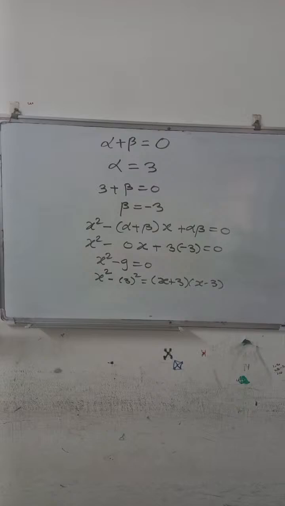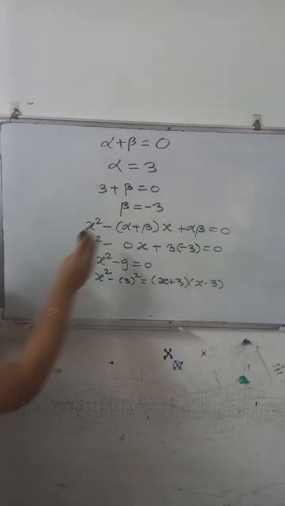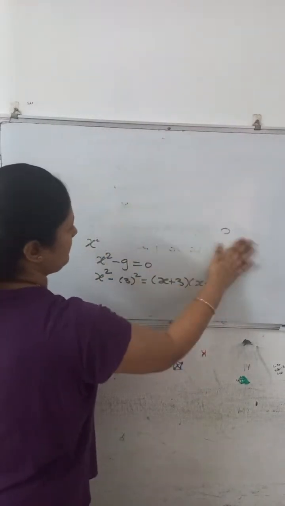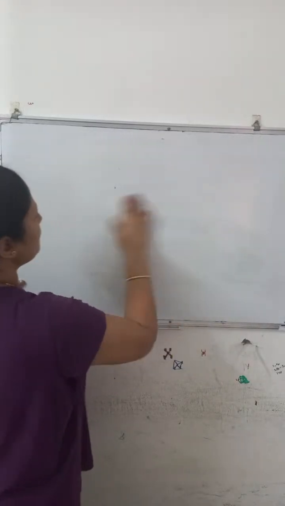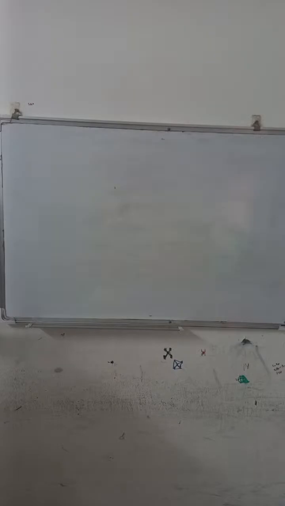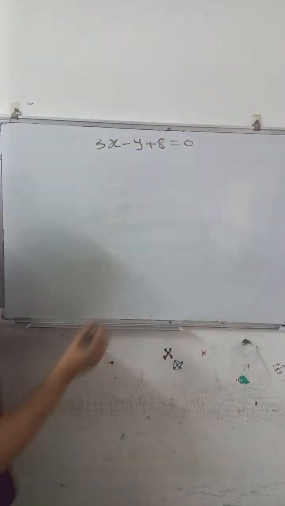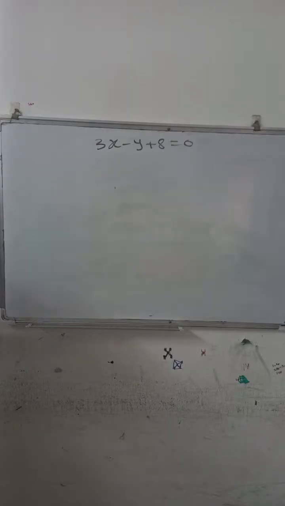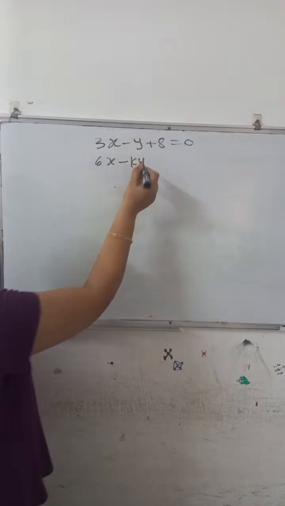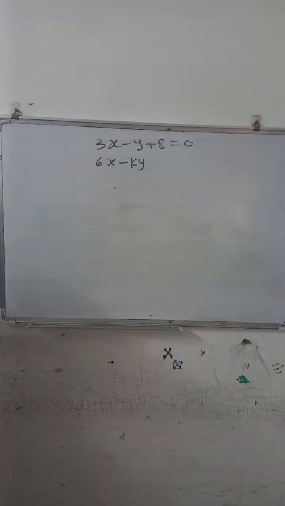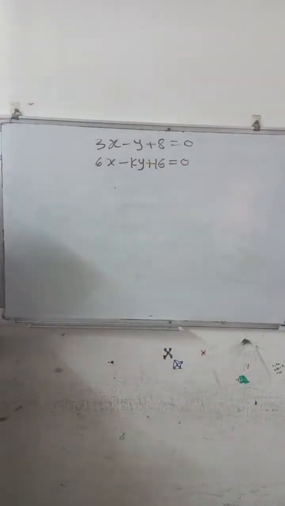If the system of equations are given, write down this equation: 3x minus y plus 8 is equal to 0, and 6x minus ky plus 16 is equal to 0.